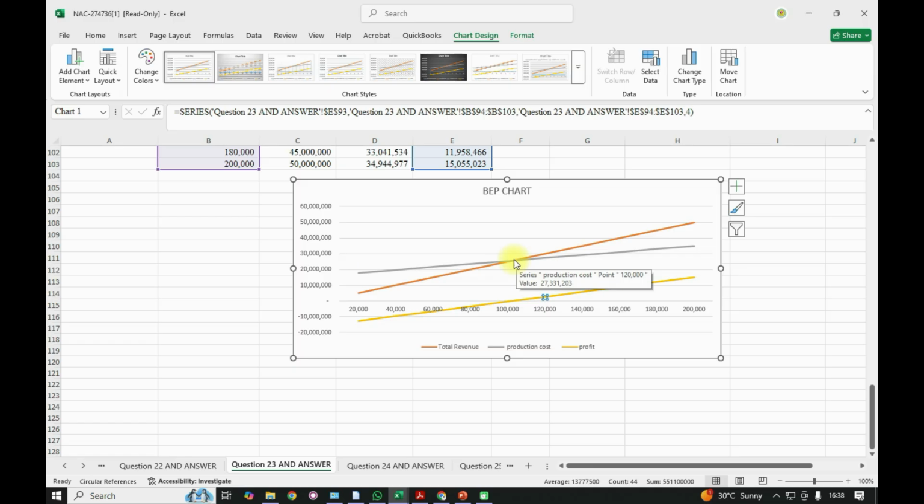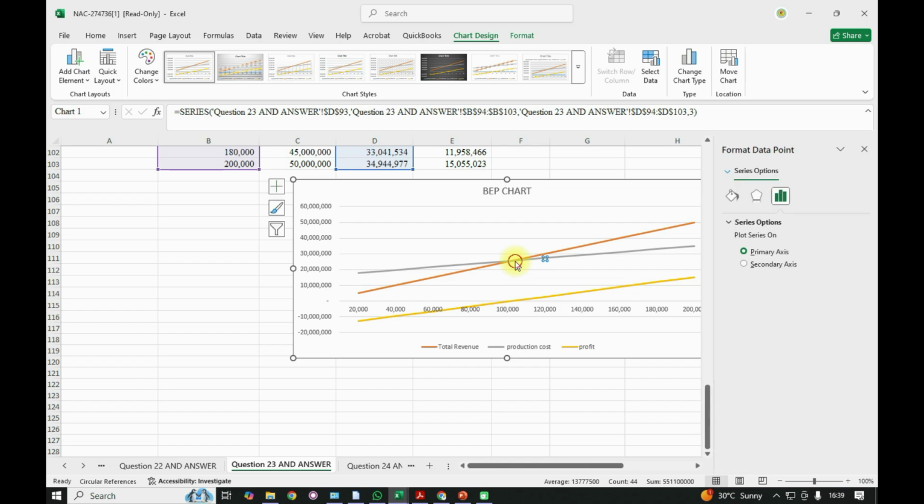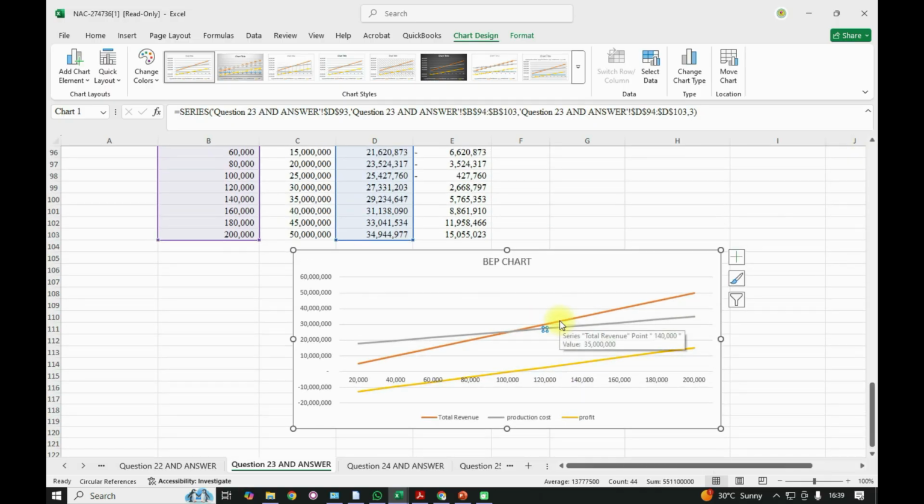So even here, this point where the total revenue equals the production cost. So remember at this point they are supposed to intersect. So it's somewhere at this point, whereby in our case, if you go specifically, you'll find that it should be 10 something.